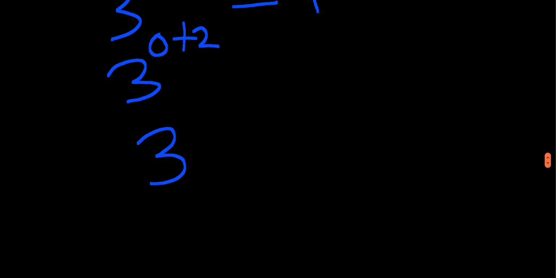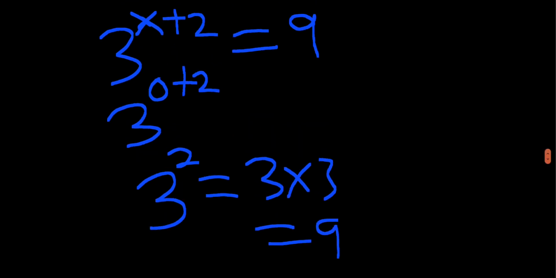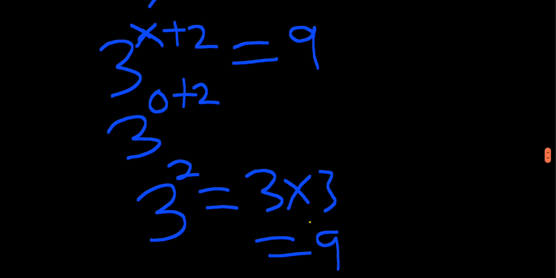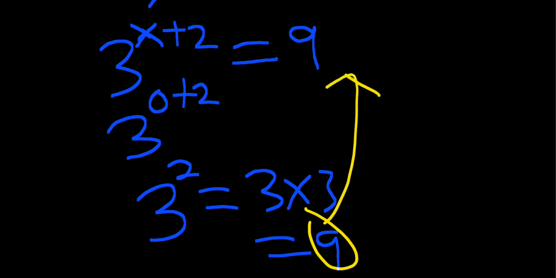So I have 3 to the second power, which is the same as 3 times 3, giving me 9. Hence, what we have here is the same as what we have here, which is 9. Therefore, our answer is correct.